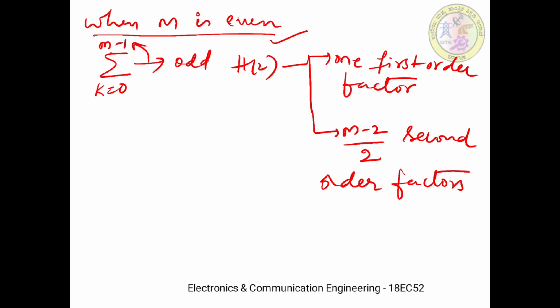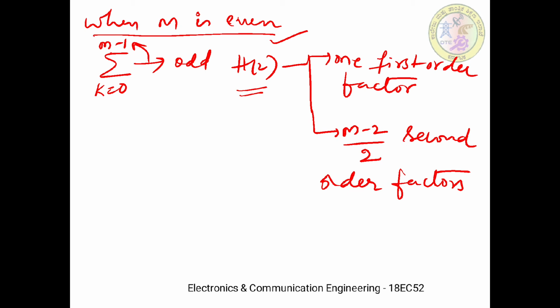Whenever the filter length m is even, the system transfer function h of z is split like this. It will have one first order factor and the remaining m minus 2 by 2 second order factors. And what will be the format of the cascade?